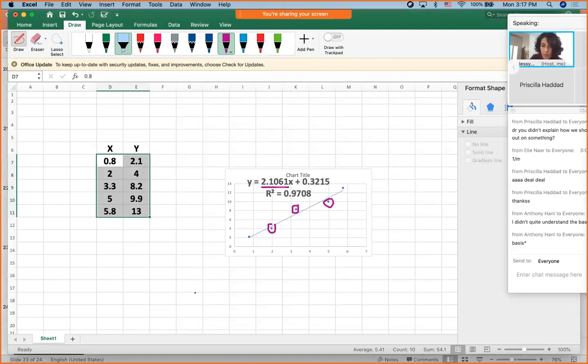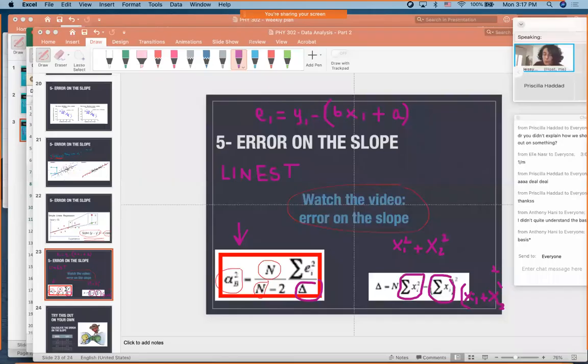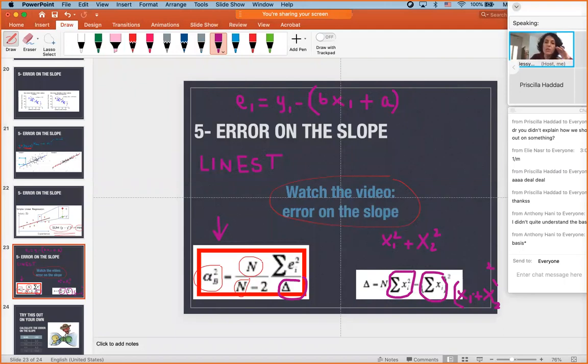So n is equal to 5. I'm going to compute E1, E2, E3, E4, E5, which is the deviation for each point. I'm going to square each error, add them up. Then I'm going to find delta, which means I'm going to take all the x points, like the abscissa of each point, square each, add them up. This is a way to find the error on the slope.